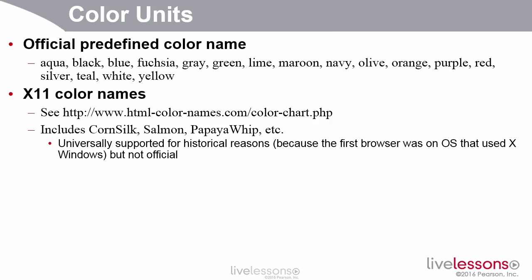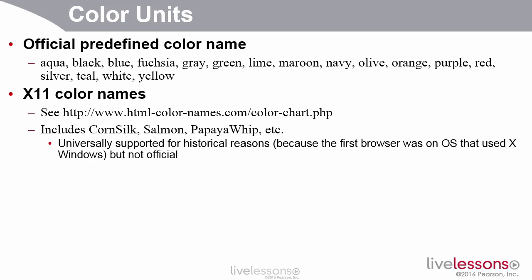Now, the very first web browser that was ever created was running on a NeXT machine. And a NeXT machine ran Unix, and its graphics was X Windows. So it supported the goofy Crayola crayon-like X window color names that have all sorts of things, chocolate and corn silk and salmon.